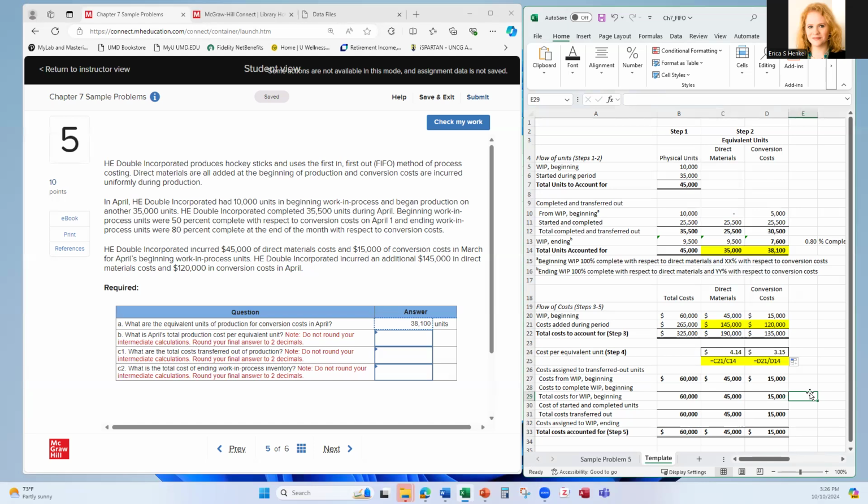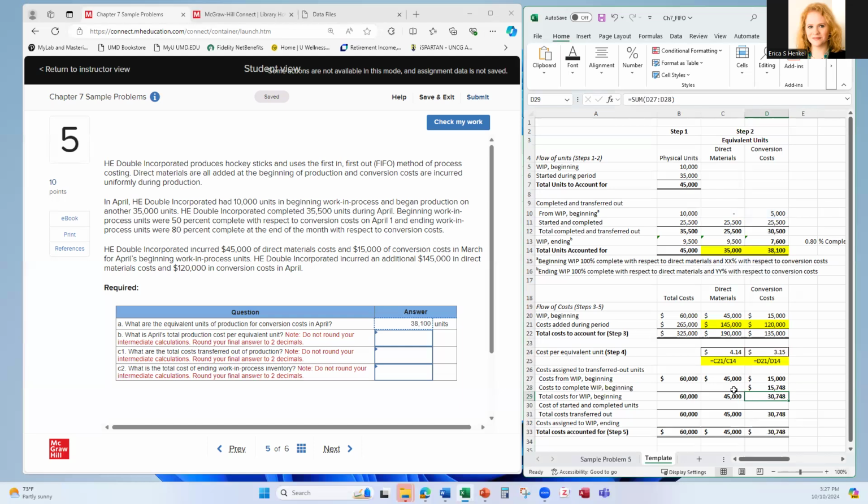From here, then we need to figure out what were the costs to complete the beginning WIP. That's going to be the number of units times the equivalent units over here, not the actual number, but the equivalent units times that cost. So we've got 5,000 units equivalent, so D10 times our costs to complete of D24.